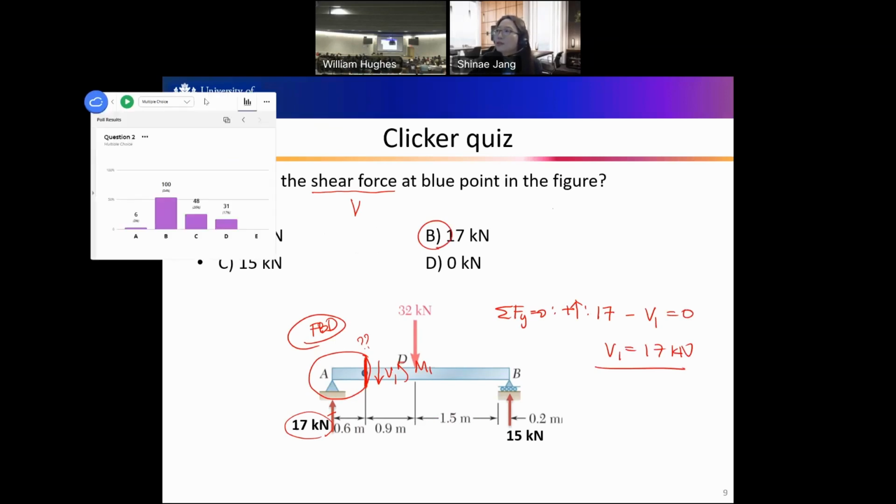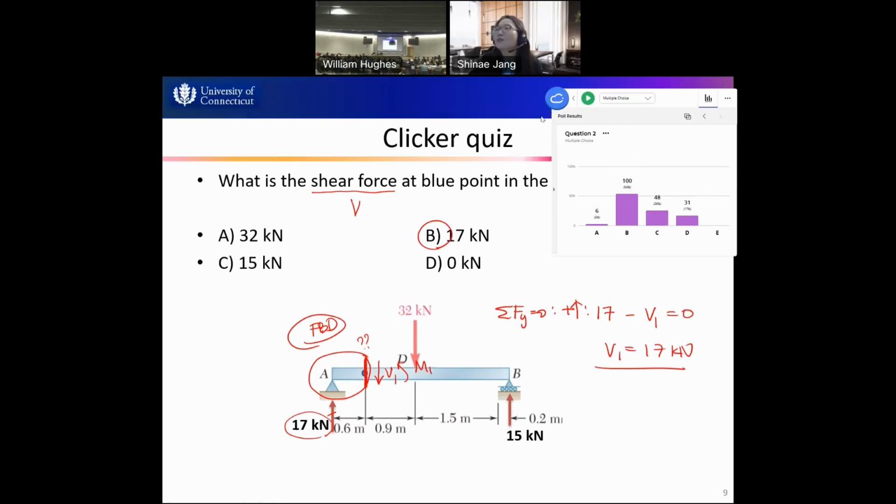So 100 students, yep, you're right. And then if you chose 32, it's not because there is a reaction here, right? And then we should use this one. And then if you use the right side structure, we should consider 32 as well as 15. So it should be 17 again, right?